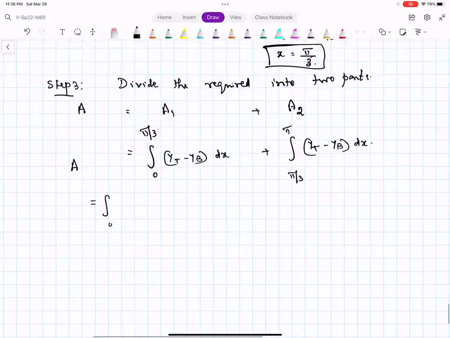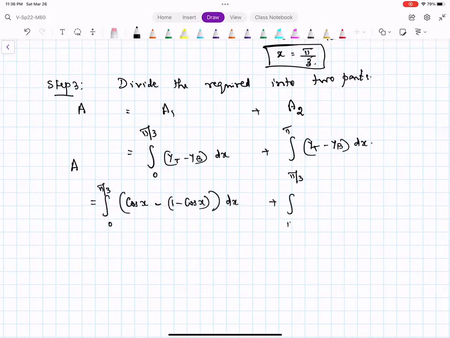So it would be the integral from 0 through pi by 3. The top part for the first part is cosine x, minus the bottom part, 1 minus cosine x, dx. The second part is from pi by 3 to pi. The top part is 1 minus cosine x, which is the red graph, minus the bottom one, the green one, dx.